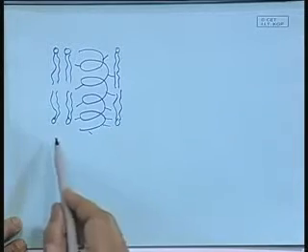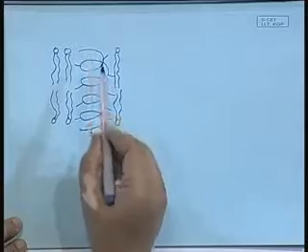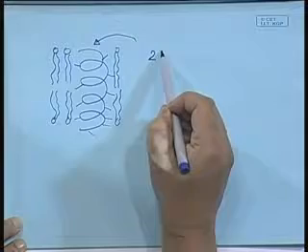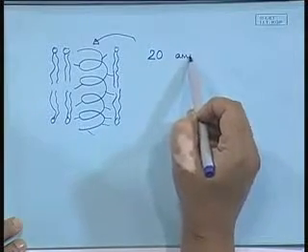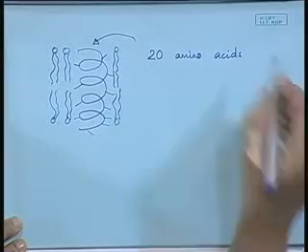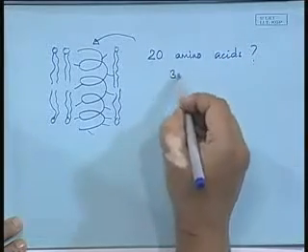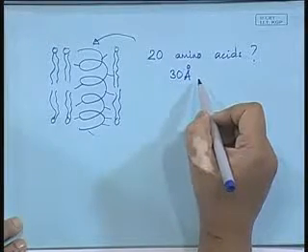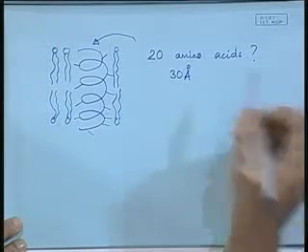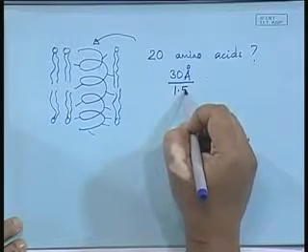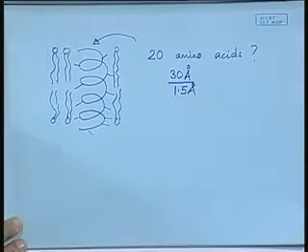Now, what I need in such a specific protein sequence is a stretch of 20 amino acids. Why? Because I have a 30 angstrom thickness of the membrane, and I know that for every amino acid, I traverse 1.5 angstroms in height.